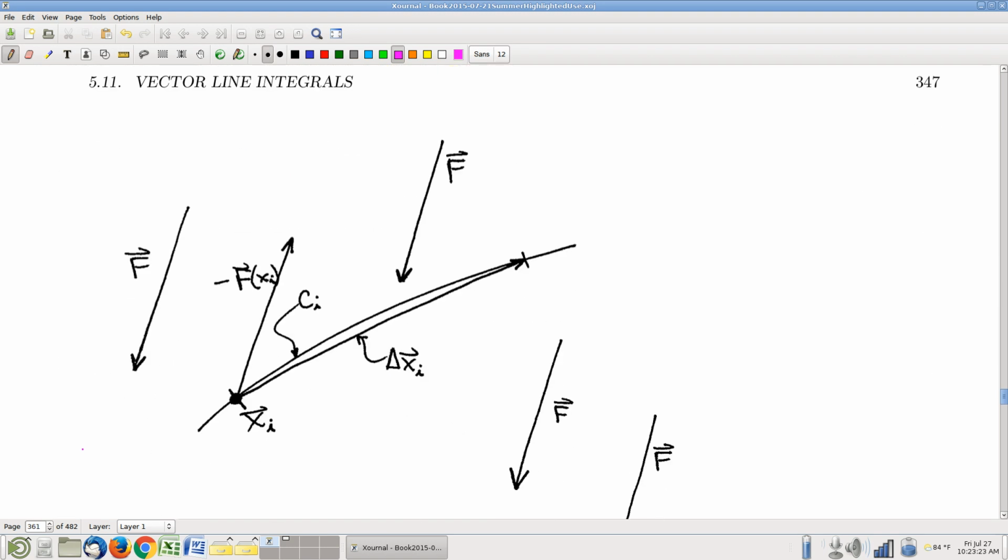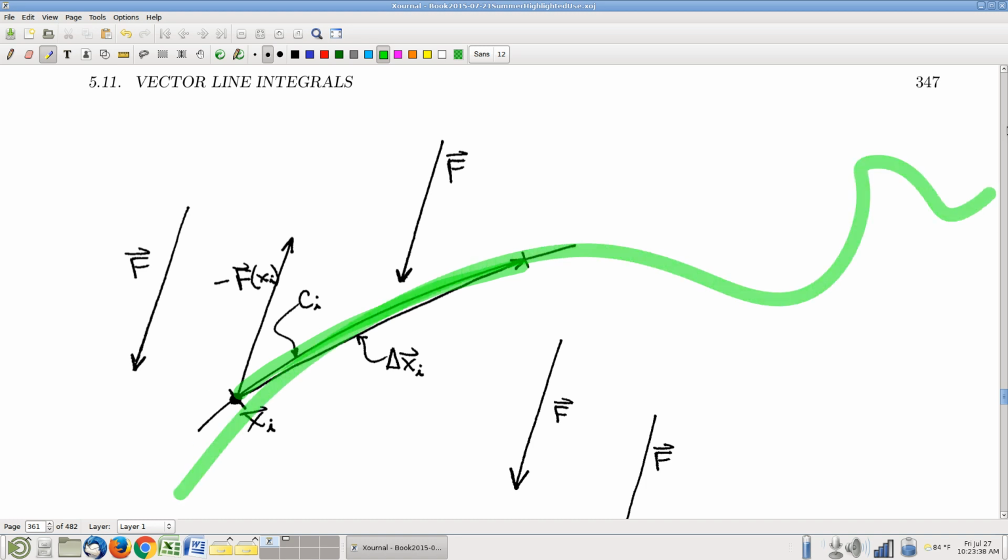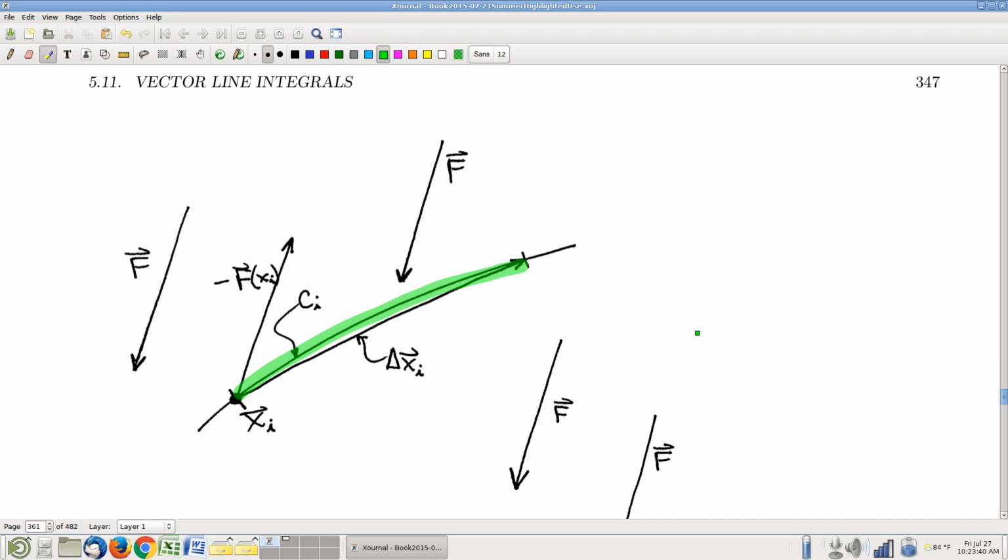Okay, so, on each little piece, let's look at this little piece here. Here's a little piece of curve. It's not exactly straight, right? Our total curve is quite curvy. But when we chop it up into little pieces, they're still not going to be perfectly straight.